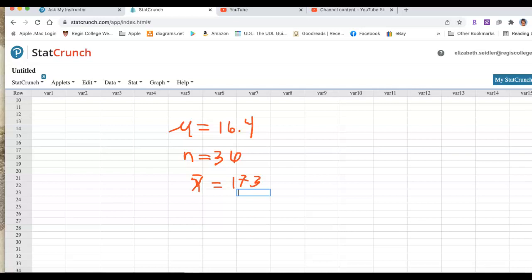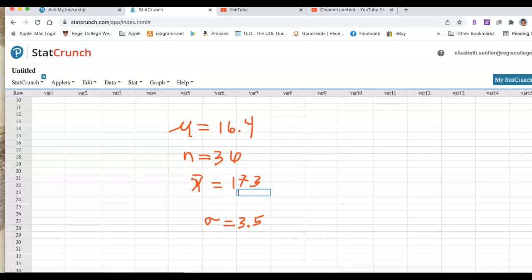And we have a known sigma of 3.5 feet. This is data collected from previous storms.